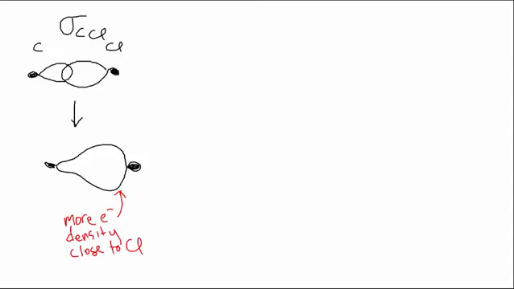They don't share the electrons equally. The electrons are pulled closer to chlorine. And our picture of the bonding orbital, as inaccurate as this may be, if I were to simulate this with a program that actually does the quantum mechanical approximations, it might not look exactly like that. But the idea is the electrons get pulled closer to chlorine than they do to carbon.